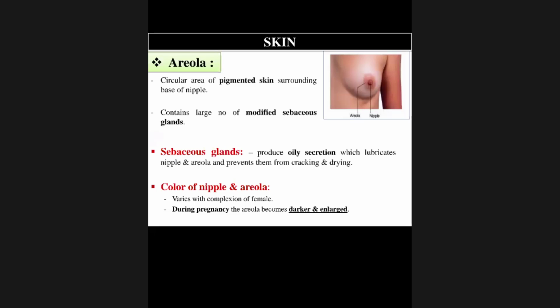So you can note this point. In the areola there are many modified sebaceous glands, and their main action is to produce oil. That oil prevents the nipple and areola from cracking and drying.